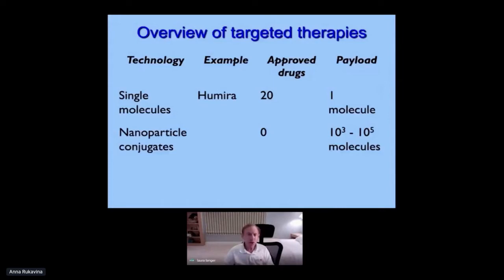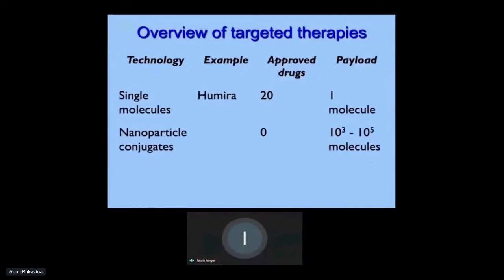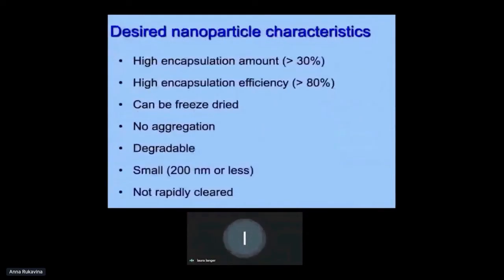So if I picked a hockey analogy, so what we did is we wrote on the blackboard, next slide, all the characteristics we'd want in such a nanoparticle. High encapsulation amount, high encapsulation efficiency. The difference is in the first case, you want a lot in the nanoparticle.